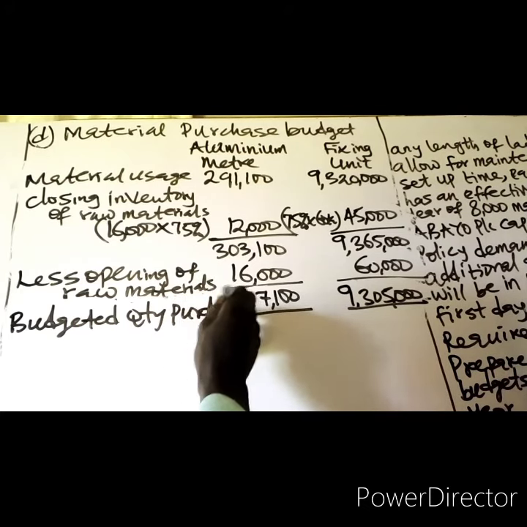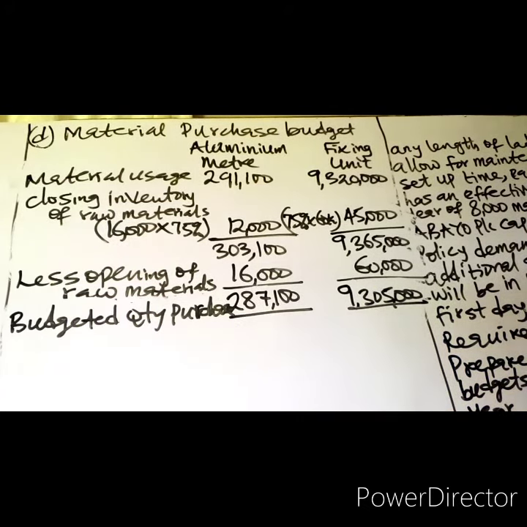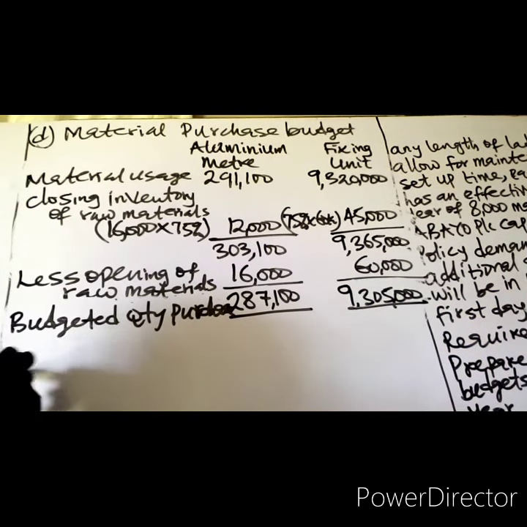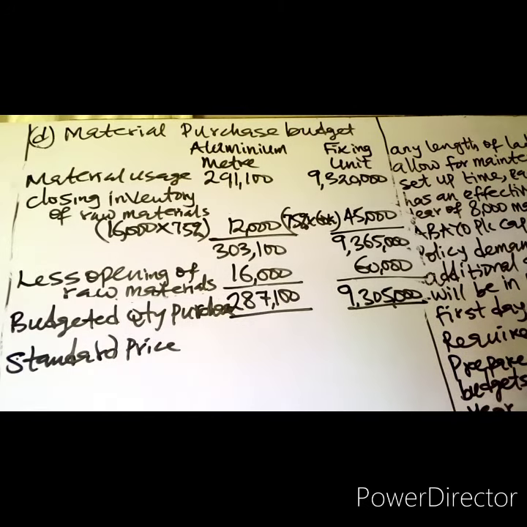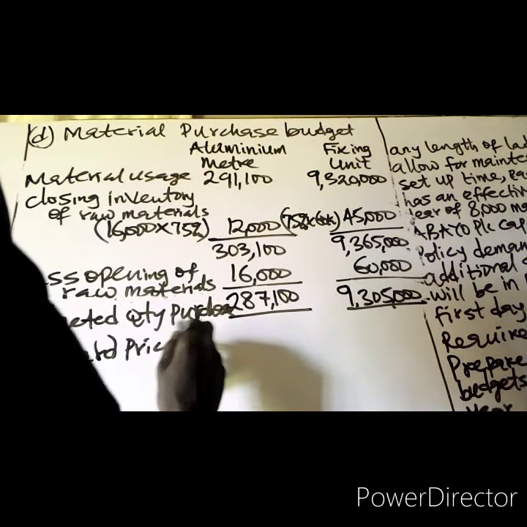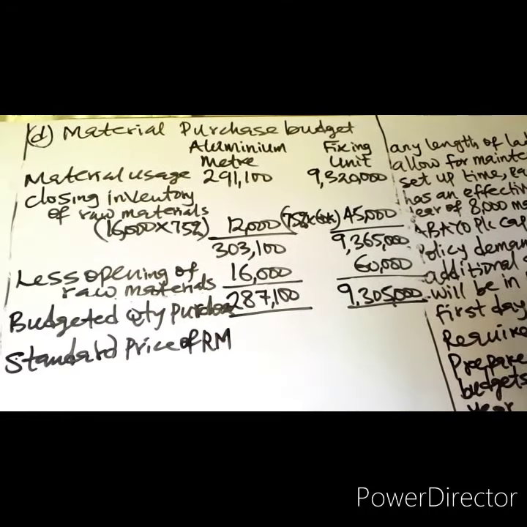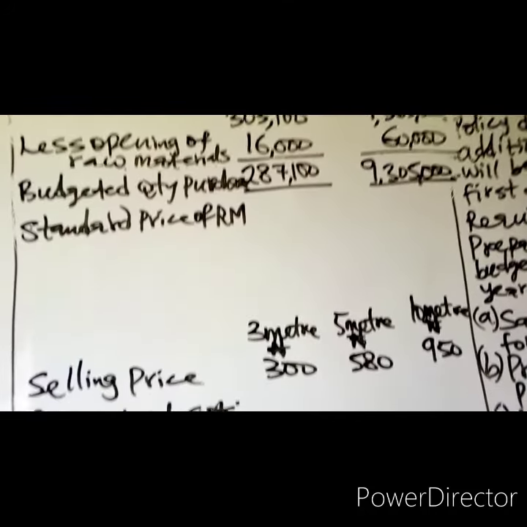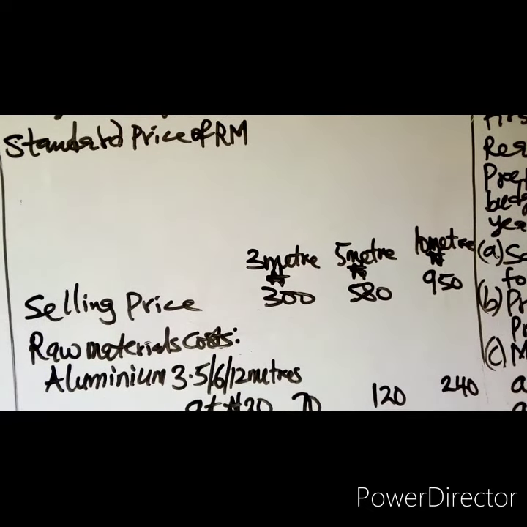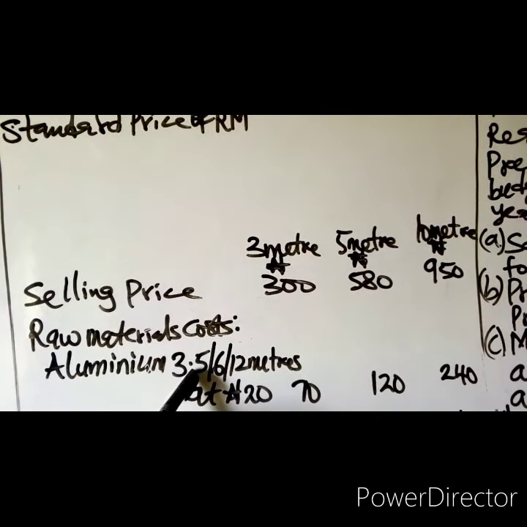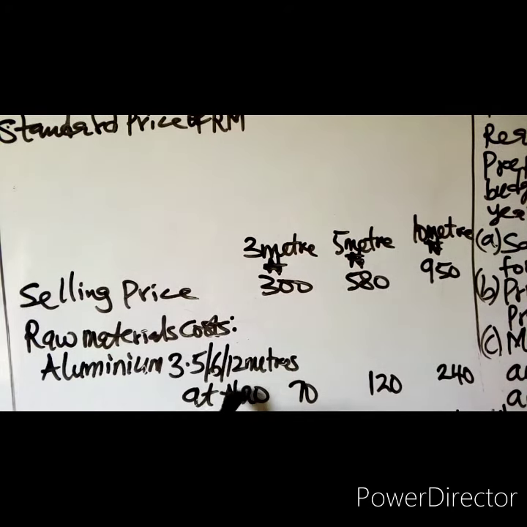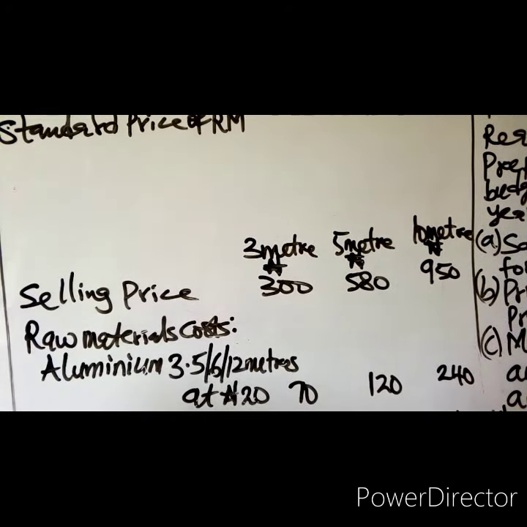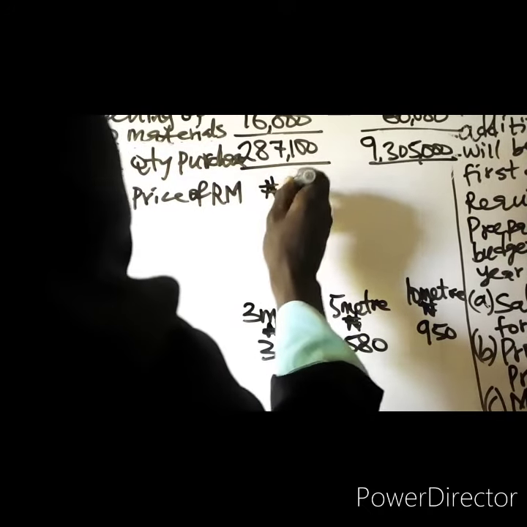Then you multiply this by the standard price of raw materials. Aluminum is 3.5, 6, and 12 meters at 20 naira per meter. The standard price of aluminum is 20 naira, so you multiply this by 20 naira.